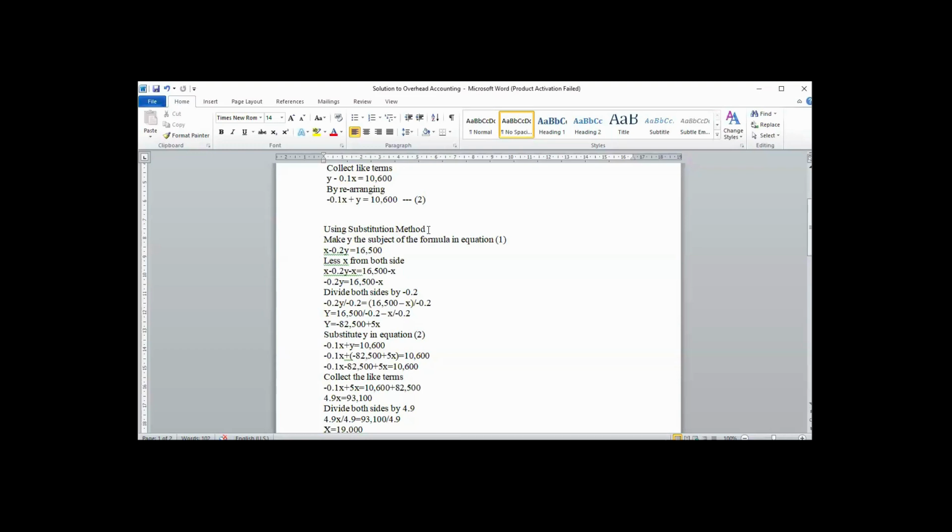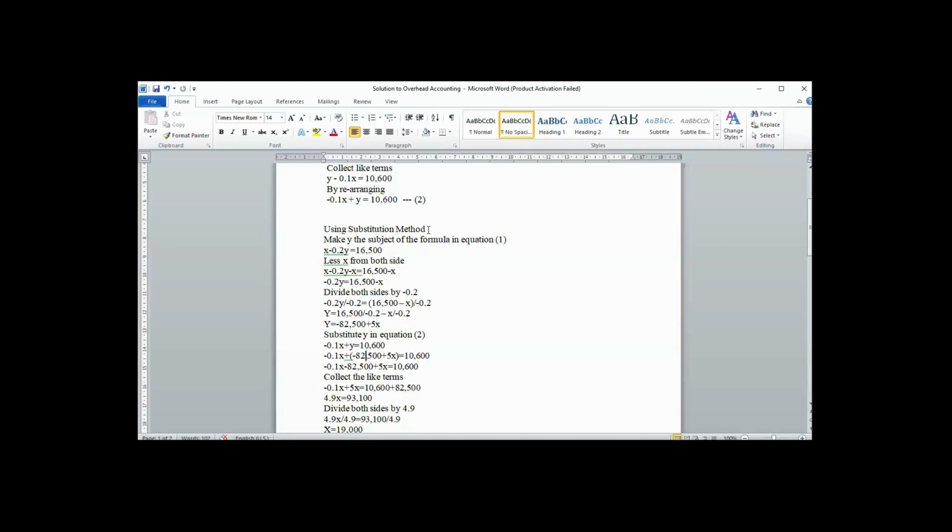Collect the like terms, those ones that are related, let's bring them together. The first one is minus 0.1x plus 5x equals 10,600 plus 82,500. Because when you move from your village to another village, or from your town to another town, you take another sign anytime you are crossing the border.